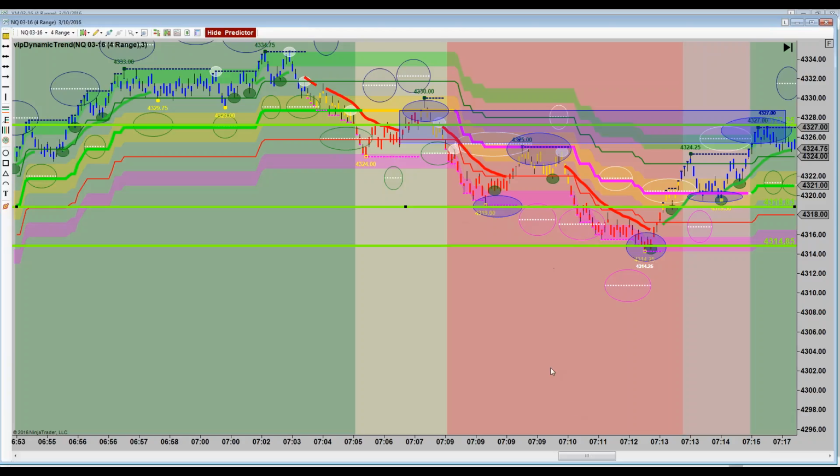If you put these lines on your chart at any time of day, it doesn't matter, and the price action stays within the confines of these lines, what do you have on your hands? For whatever instrument you're trading, you put lines on your charts, and the price action from that point forward remains inside the confines of the lines that you put in. What do you have in front of you?